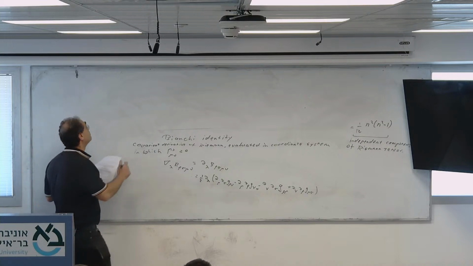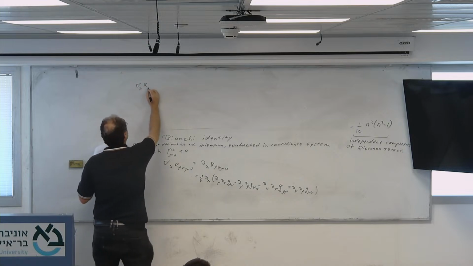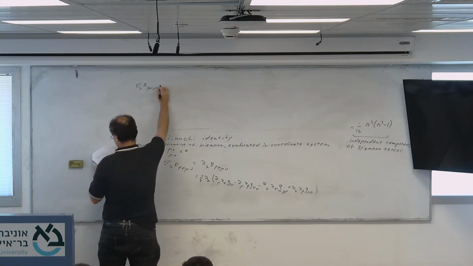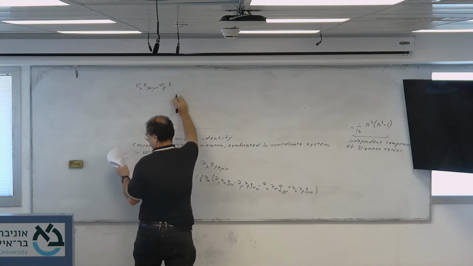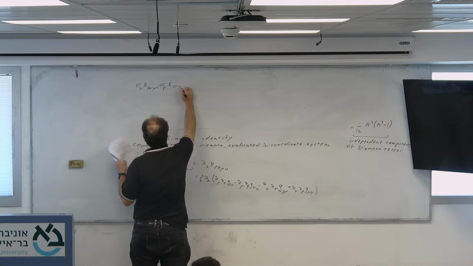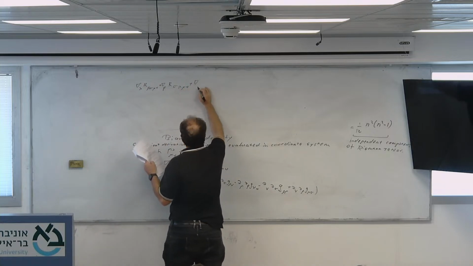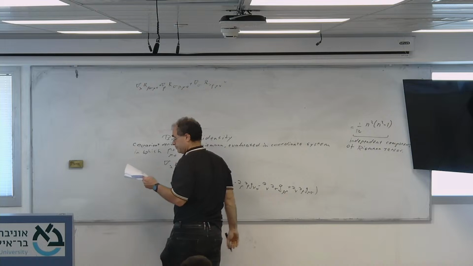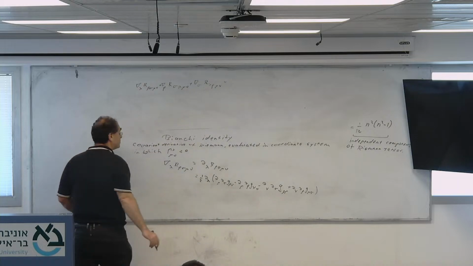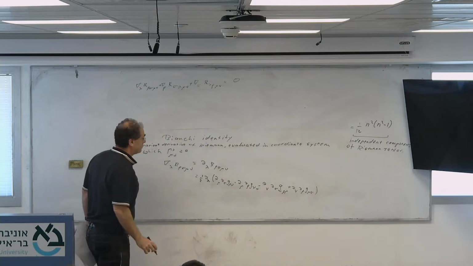So, d lambda R rho sigma mu nu plus d rho R sigma lambda mu nu plus d sigma R lambda rho mu nu is equal to, of course, just copy that.